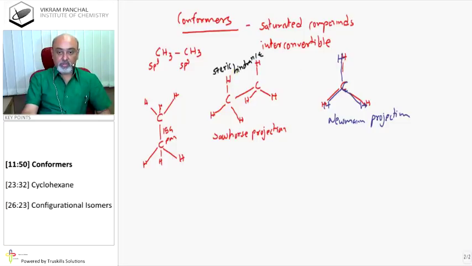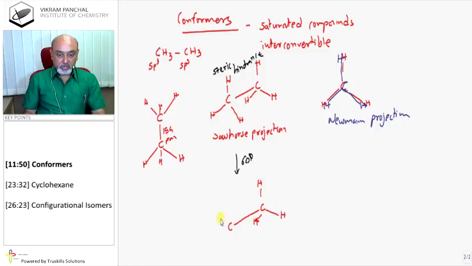If you give 60 degree rotation, then we will get a new projection. Let this be as it is, but here the position of these three hydrogens will be different than this one, and this is obtained by giving 60 degree rotation.